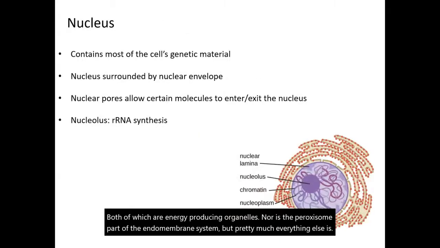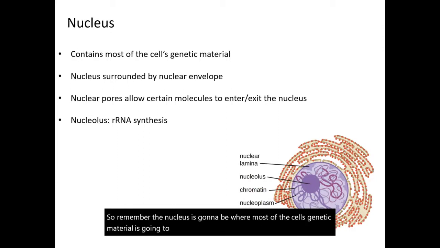Remember, the nucleus is where most of the cell's genetic material is housed. Because DNA is absolutely critical for a cell's survival, it is protected by a nuclear envelope, a double membrane that envelopes that region, protecting the DNA from the rest of the cell.